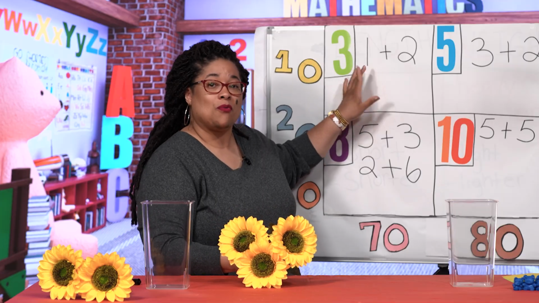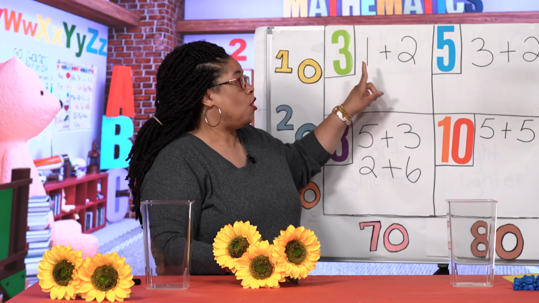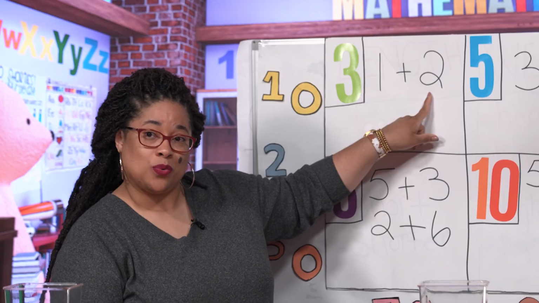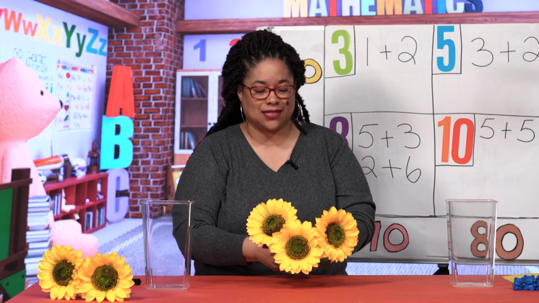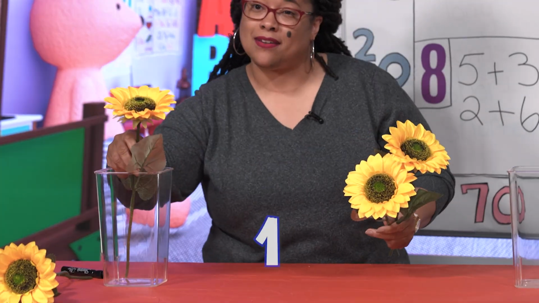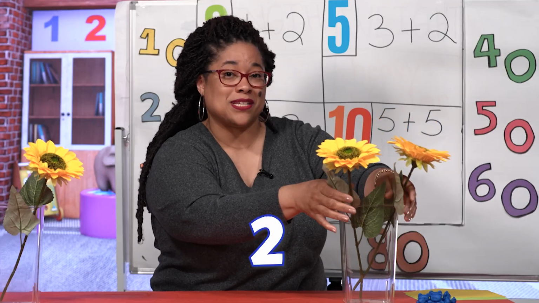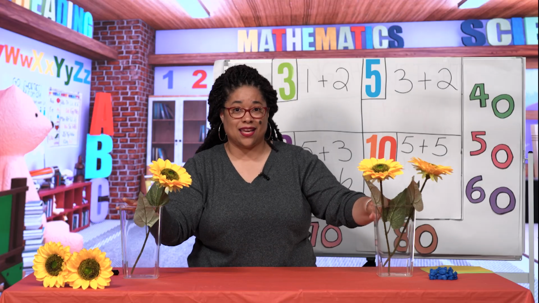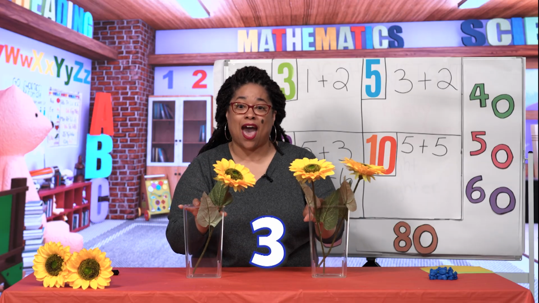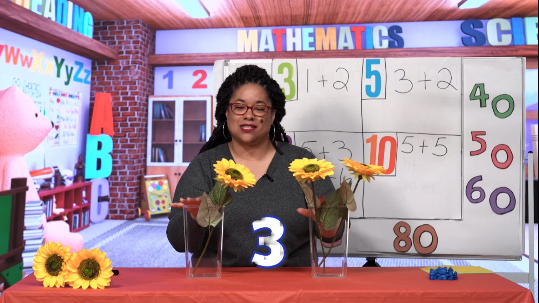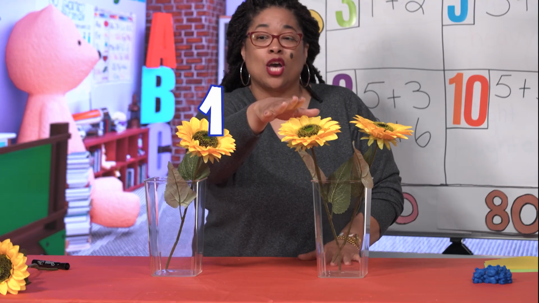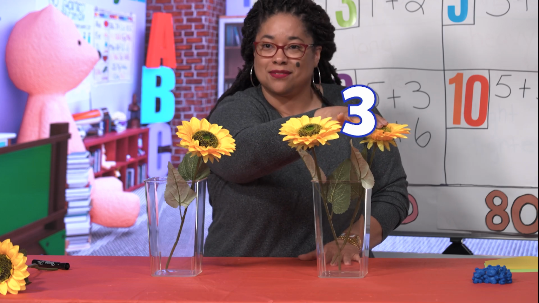Here's one way that we can break this number down. 1, 2. Let's see what it looks like. 1 flower here and 2 flowers here. So you see, we still have 3. Let's count. 1, 2, 3.